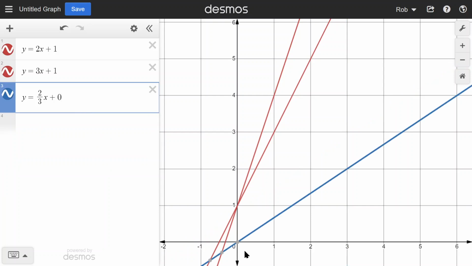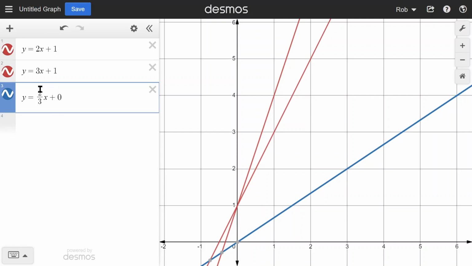There it is. If I start at 0, 0, it goes across 3 and up 2 to that point there, nearly on the point. And if I wanted to, I can go across another 3 and up another 2, and I get to this point up here, which is 6, 4. So that's called the gradient.